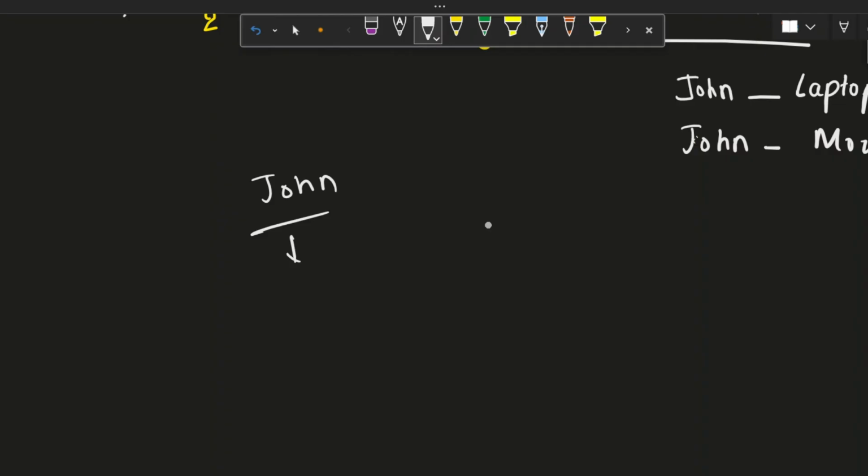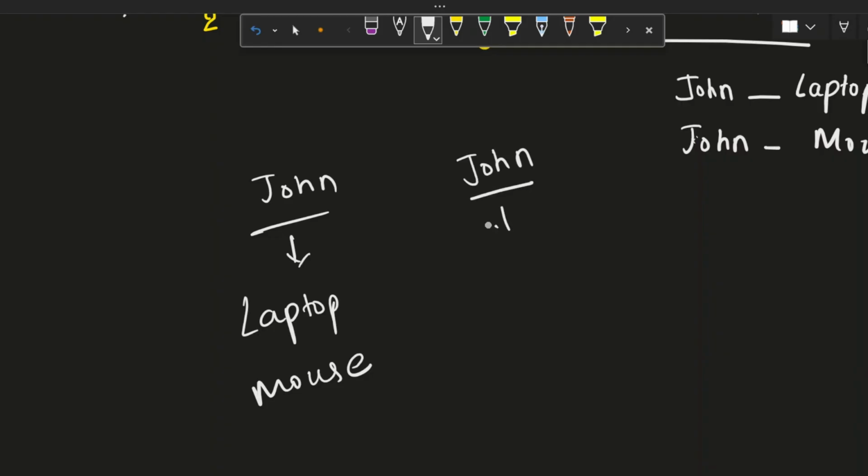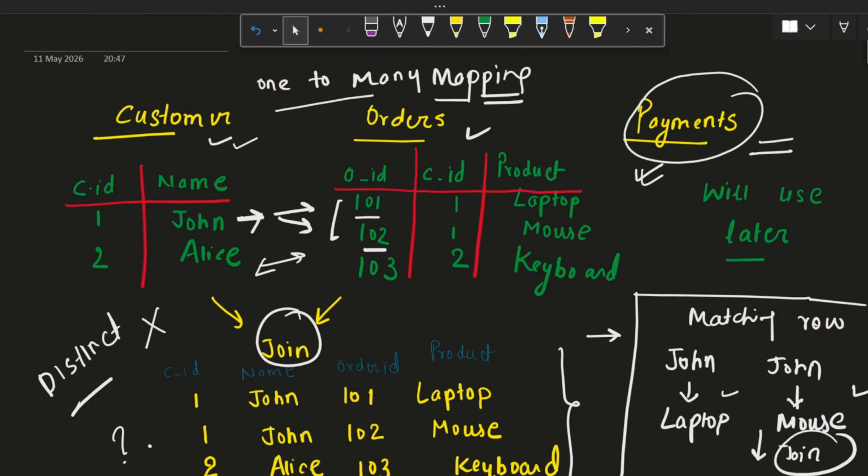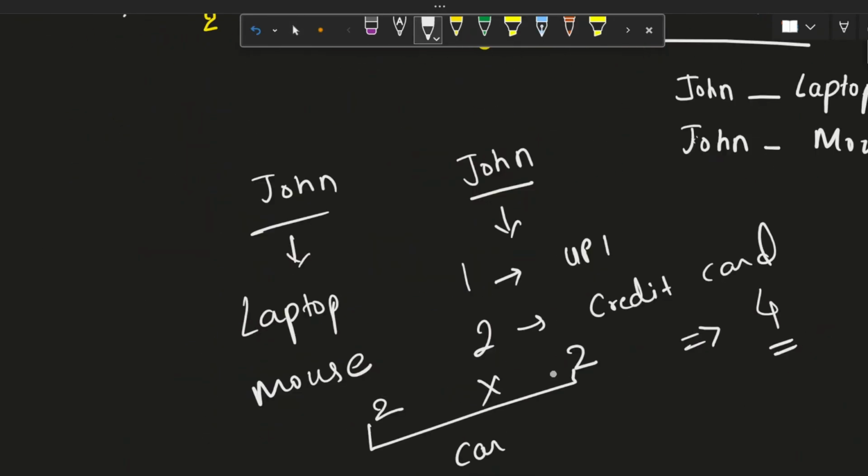John purchased two products, laptop and mouse. In the same way, after creating this payment table, we observed John has two payment methods with payment ID 1 and 2, which are UPI and credit card. Due to these two rows from these two tables, it got multiplied and we are getting 4 when we do the join operations on all of these three tables. This is known as a Cartesian product, and this is the concept for calculating the number of rows that we will get after joining the tables through our SQL query.